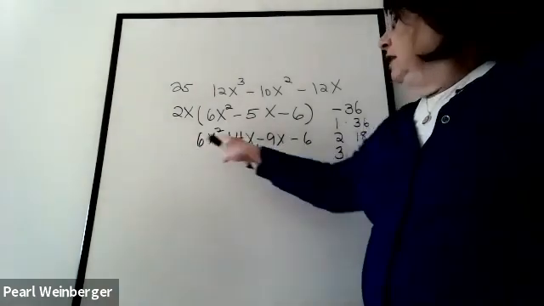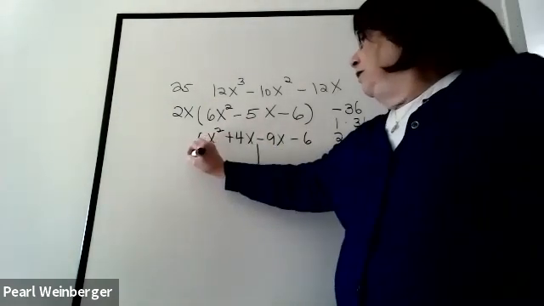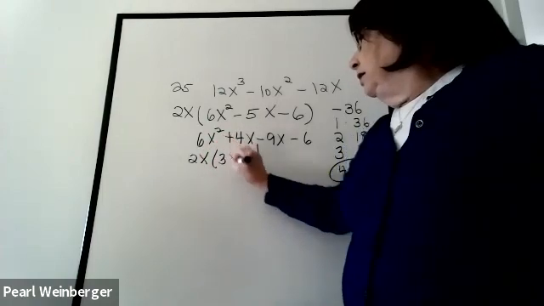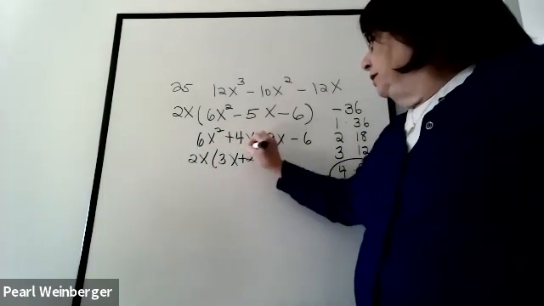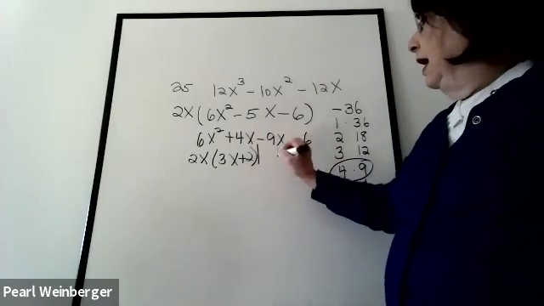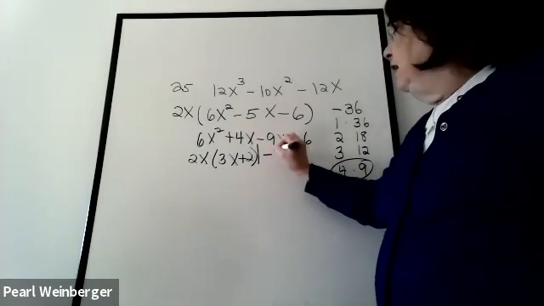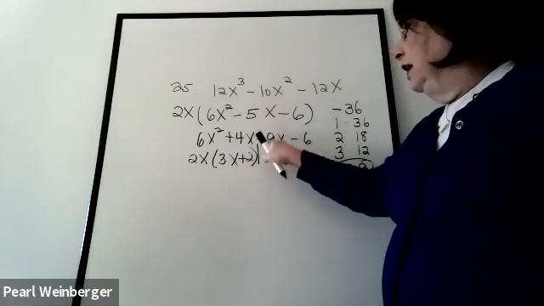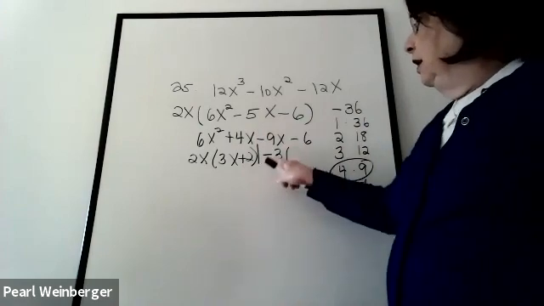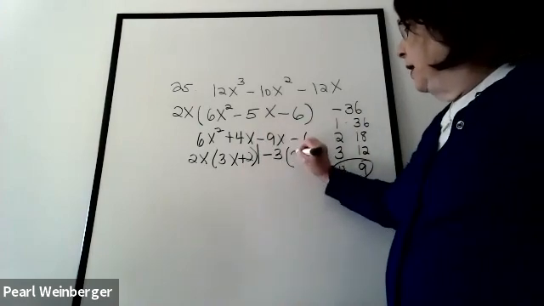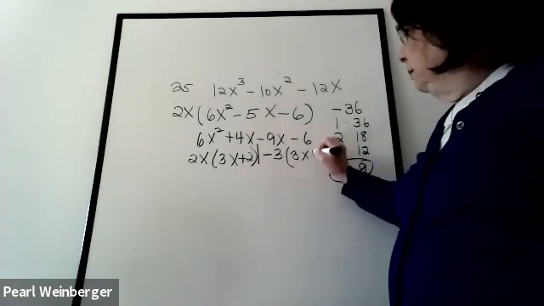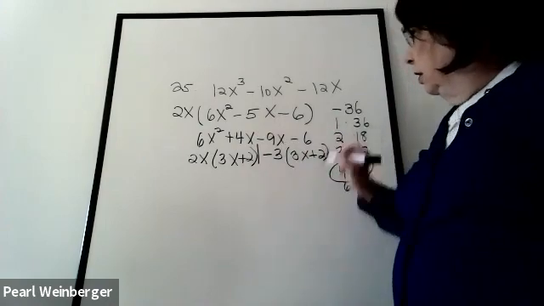So between 6x squared and 4x, my common factor is 2x. And I will get 3x plus 2 in my parentheses. Between negative 9x and negative 6, my common factor is negative 3. Remember, there's a negative here, so we have to include that as part of my common factor. Negative 3 into negative 9x is positive 3x. Negative 3 into negative 6 is positive 2.